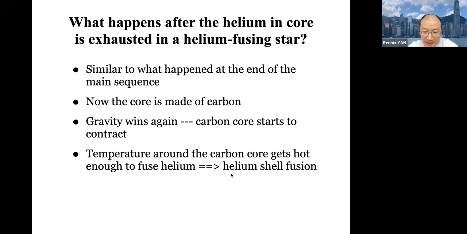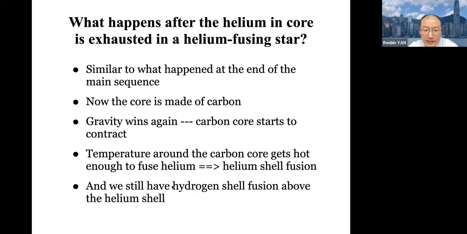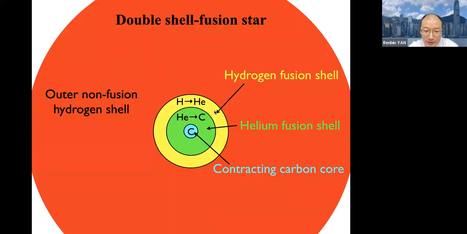But that's not all. Around the helium shell fusion, we still have hydrogen shell fusion above that, right? So you now have 3 energy production sources: gravitational contraction of the carbon core, helium shell fusion, and hydrogen shell fusion. So you have a carbon core that is shrinking and turning gravitational potential energy into heat.